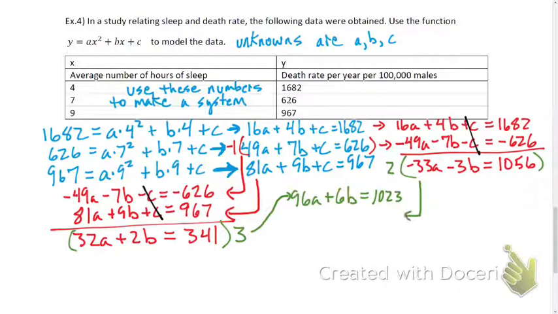This one, negative 66a, negative 6b, and 2112. Let's combine the b's, and now we can find a very easily.